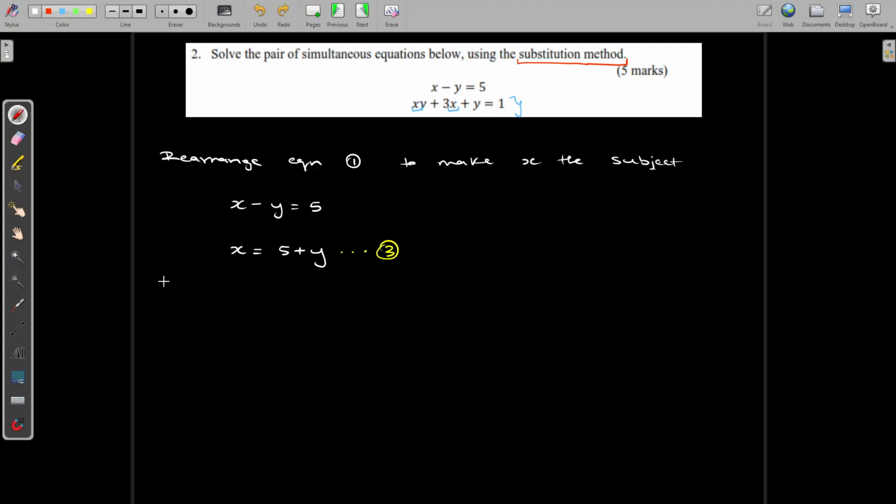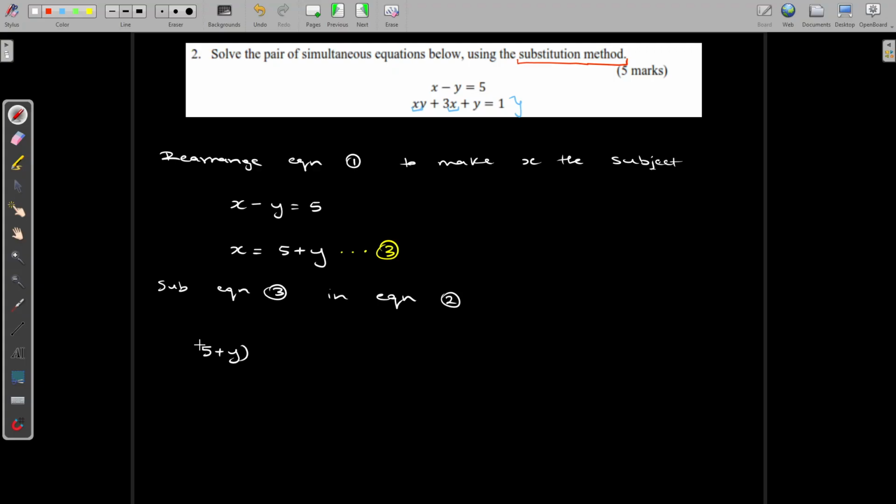So now let's substitute equation 3 in equation 2, because equation 2 is the one we did not modify. As mentioned before, wherever we have x, we're going to be replacing it with 5 plus y. So let's use a bracket.